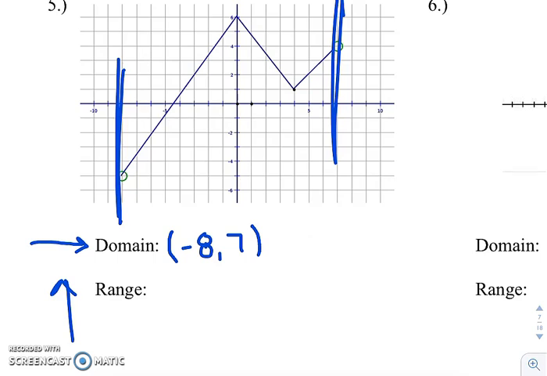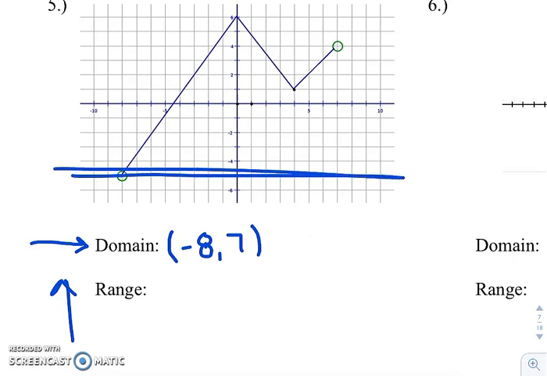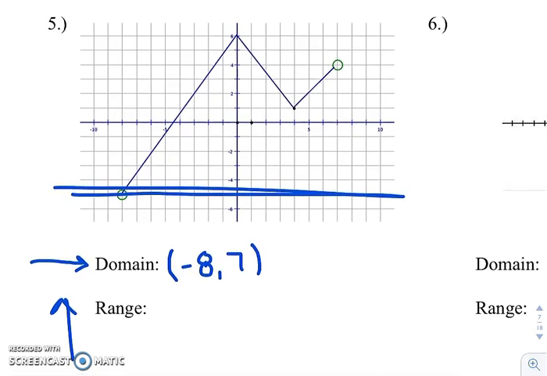So how about the range? The lowest point our graph is right here. The highest point is right here. So that lowest point is -5, and it goes all the way to +6. Just like with the domain, that y value of -5 has that open dot.